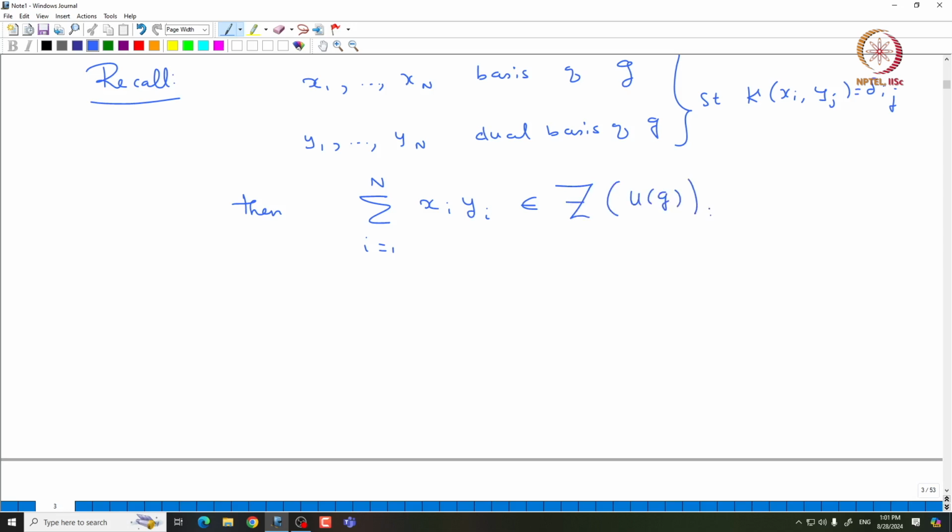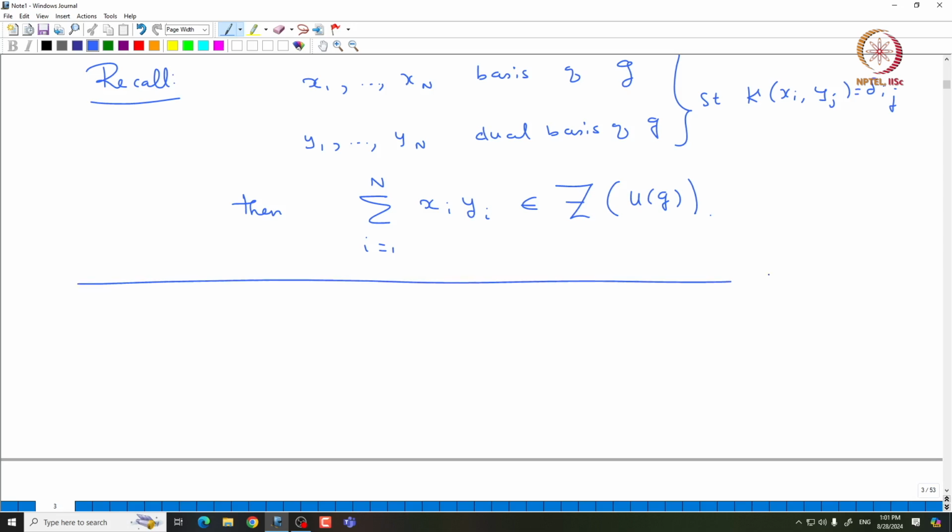This is something we have already proved. These elements are called Casimir elements. Now we are going to specifically choose a basis coming from the root vectors, find the dual basis using it, and then define the Casimir element that we are interested in. So, let us recall.